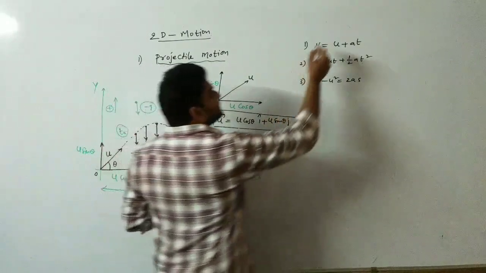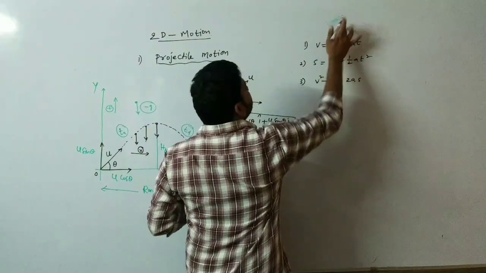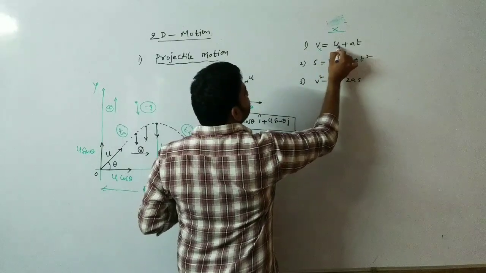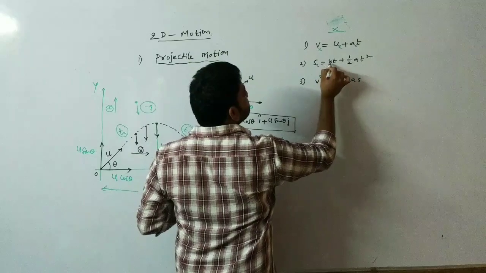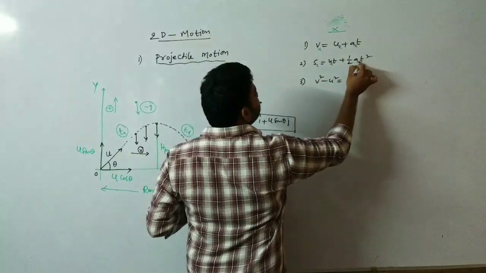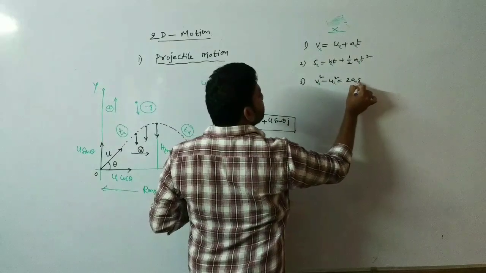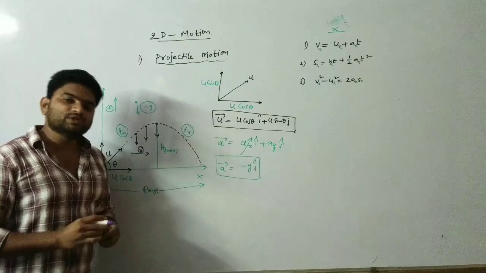If I write them in terms of the x-axis, v becomes vx, u becomes ux, a becomes ax, and s becomes sx, in all three equations.